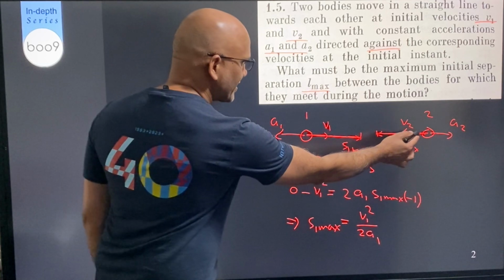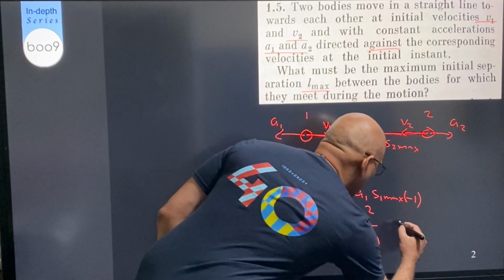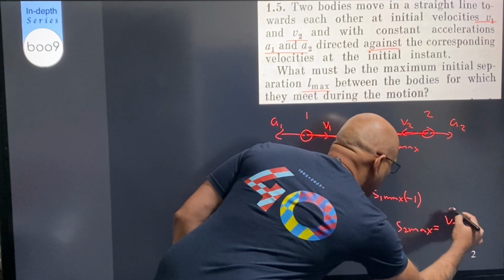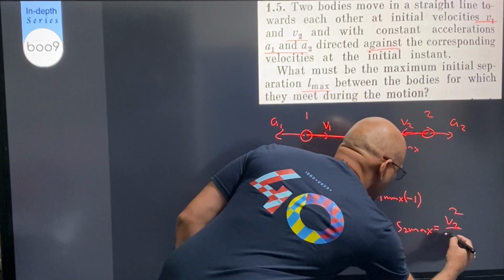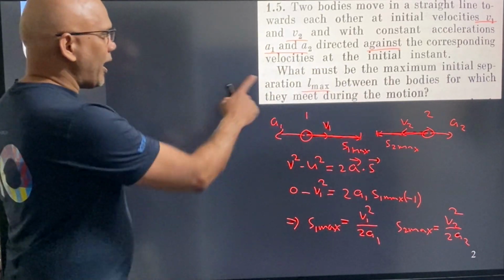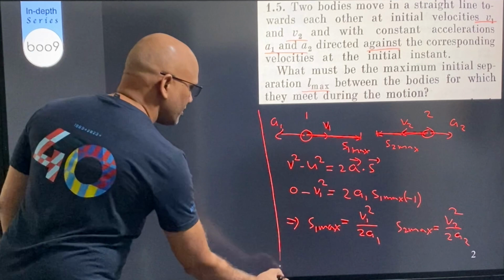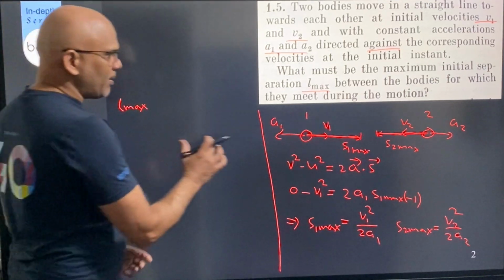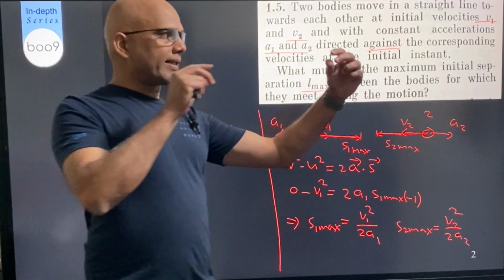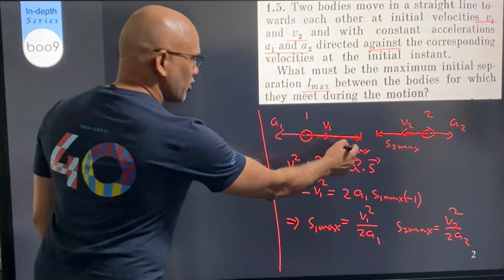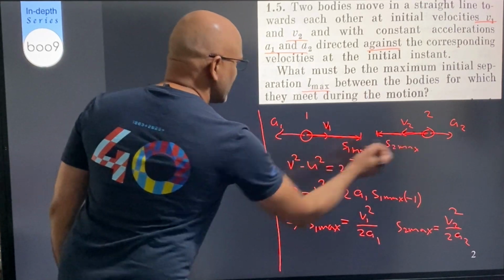Similarly, I can write the exact same thing for this and I will get S2 max equal to v2 squared by 2a2. All right, now I want L max. So let me start here. L max is the maximum distance so that they come like this and touch and then, before they go back, this is maximum and this is maximum, right?